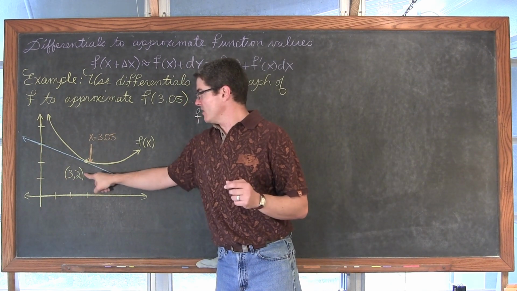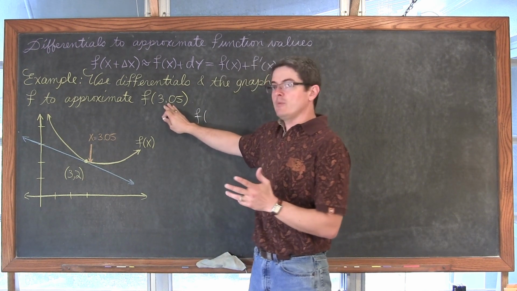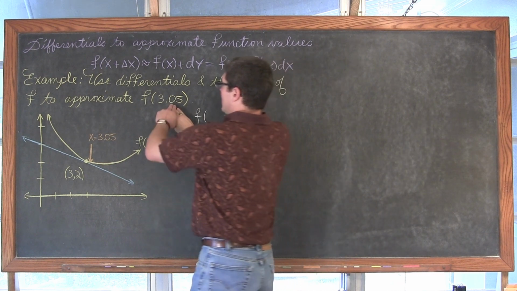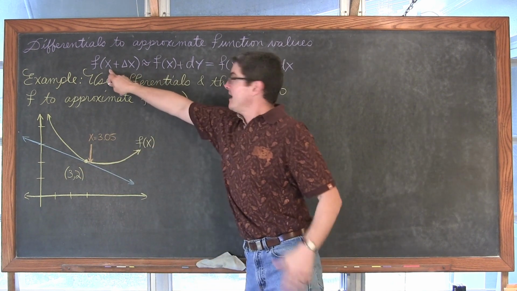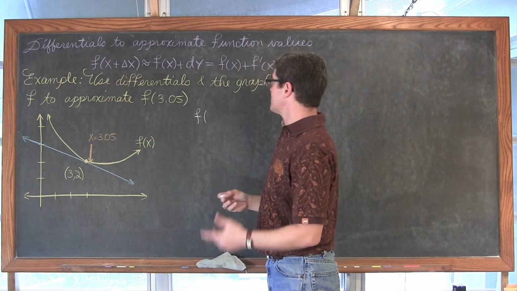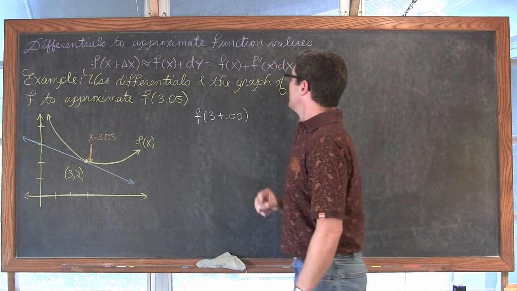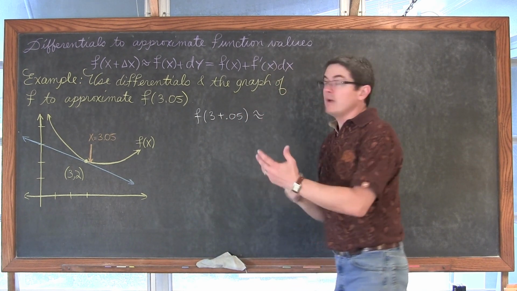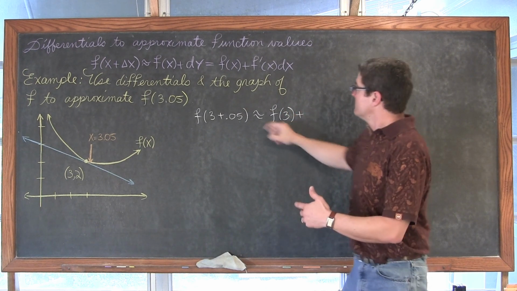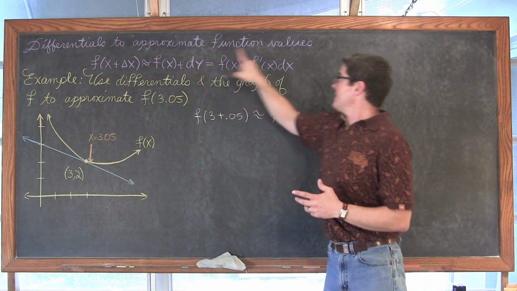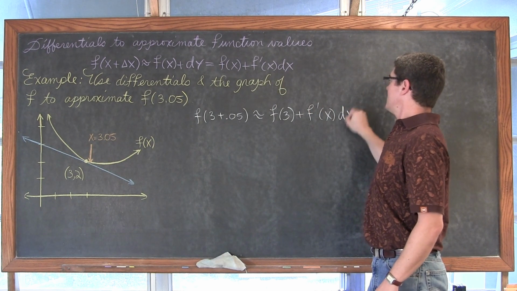The point of tangency here is our original f at 3, and I have a value of 3.05. So we're looking at a difference between 3.05 and 3, so it's f of x plus delta x, or f of 3 plus 0.05, is approximately equal to f of x, so it's going to be f of 3 plus the differential of y, but that is equal to f prime of x dx.